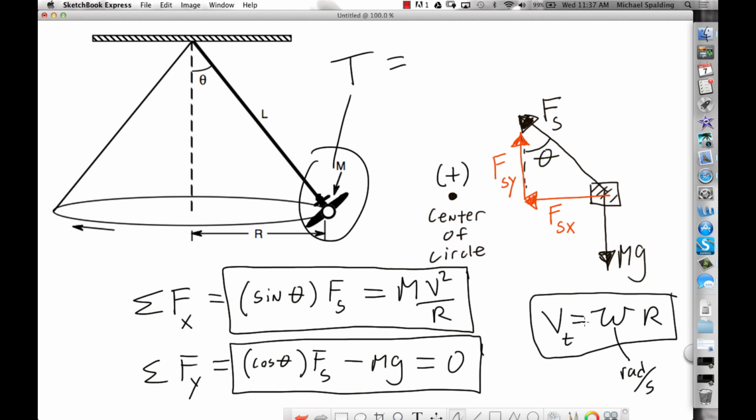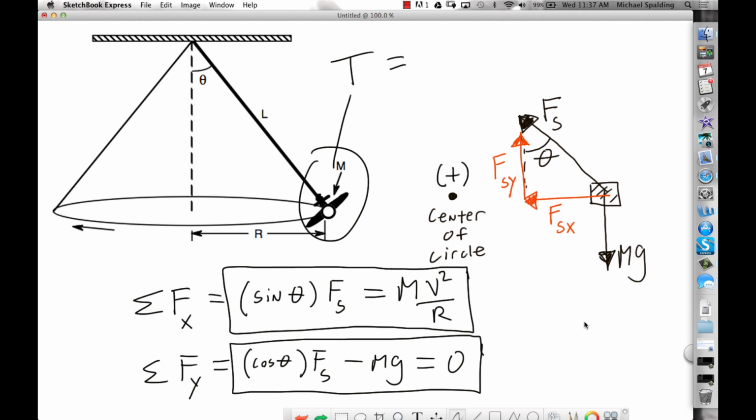Now, there's a second equation for tangential velocity. Let me explain it first. If something's going around in a circle, say I'm swinging this rubber stopper right here.